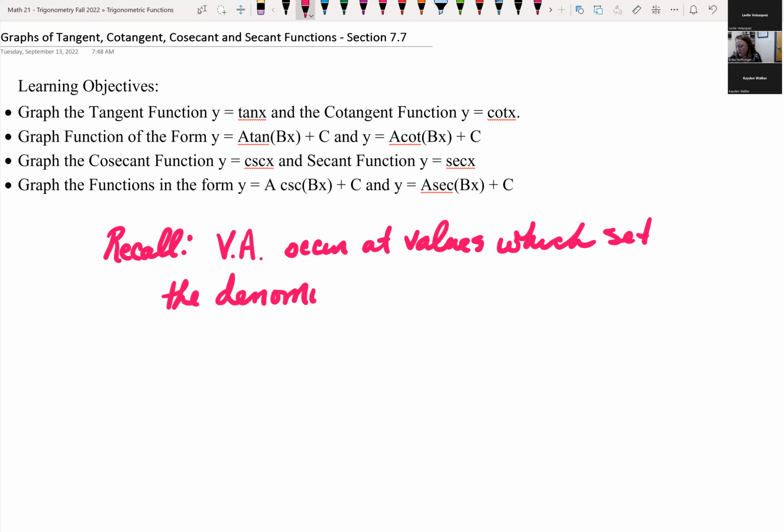If it sets both of them equal to 0, which I don't think we're going to really deal with in our situation, then it's a hole. It's undefined there, but it's a hole in the graph versus a vertical asymptote.